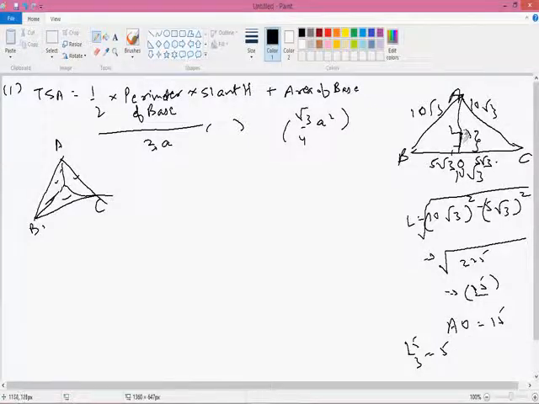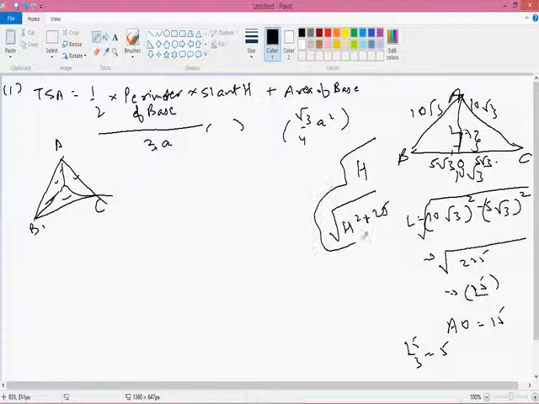Suppose the height of this triangle is h. So obviously the slant height will be under root of h square plus 25.